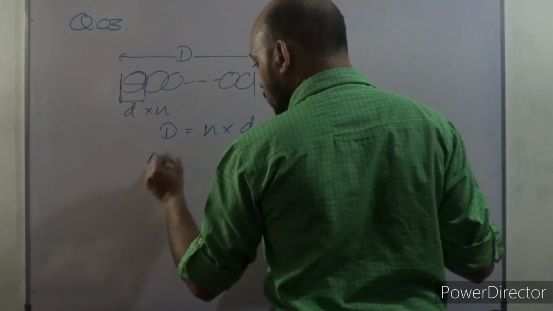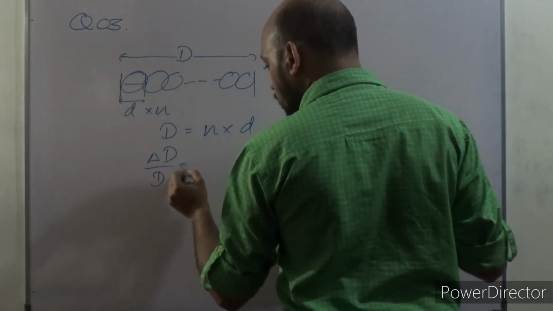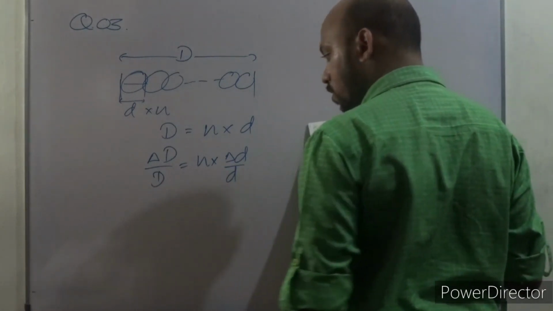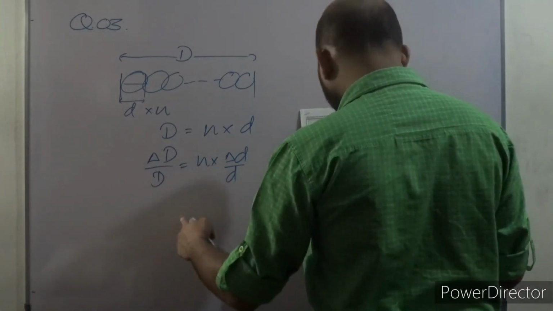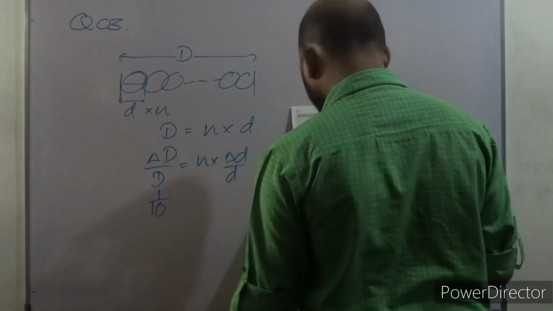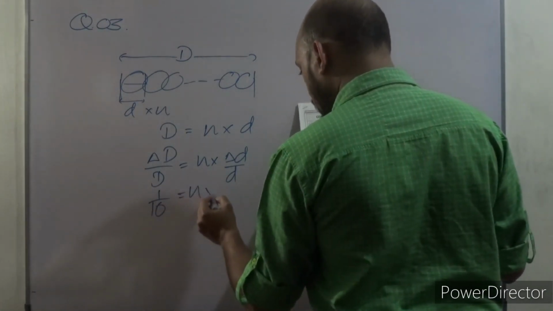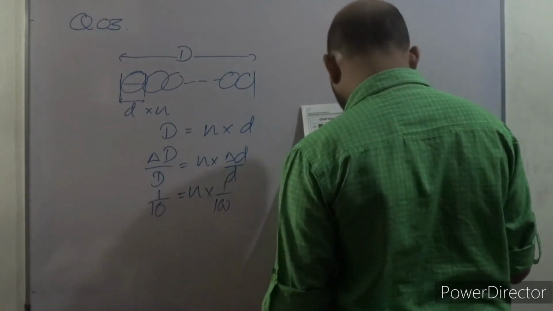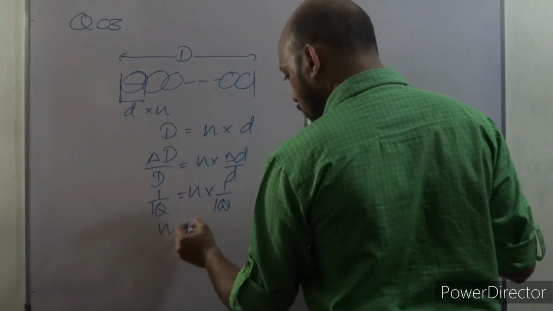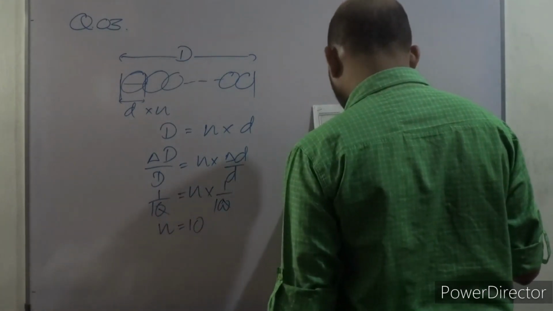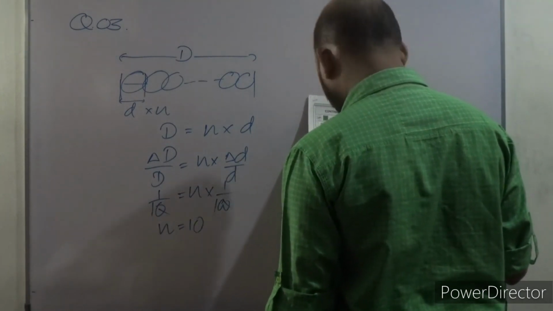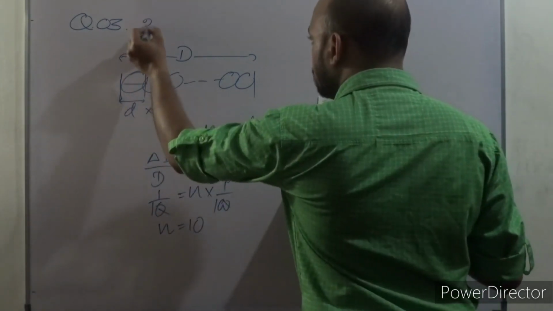Now we consider the fractional error. According to the question, it is 1 over D, here n, here 1 over 100. So n is equal to 10. It means we have to use 10. Answer 2.